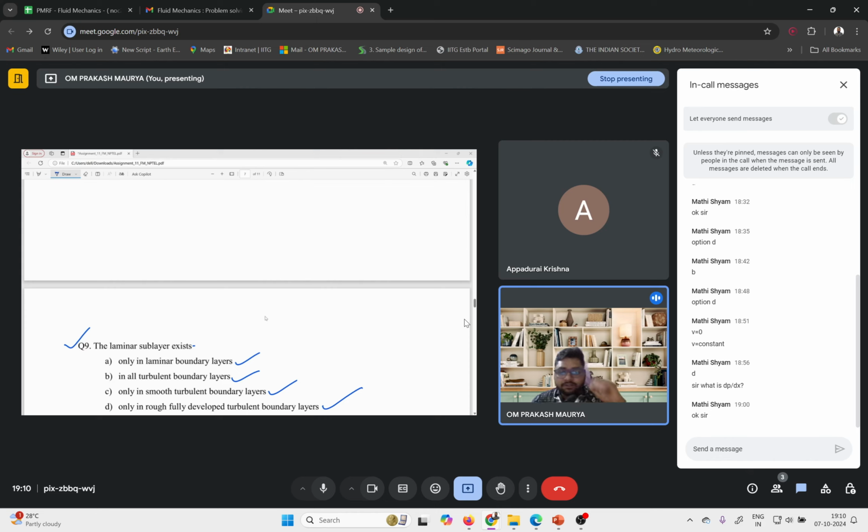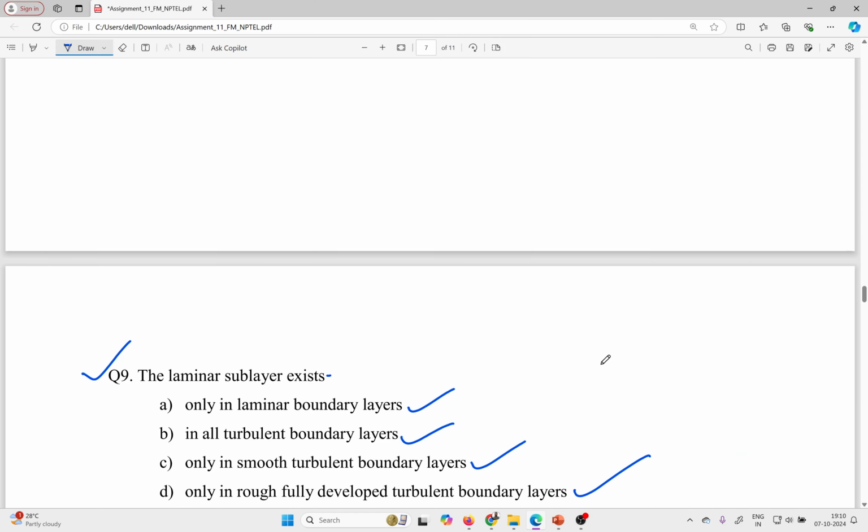Okay, let me explain question number 9. What is question 9 telling? The laminar sublayer exists. So we are talking about the laminar sublayer. If I draw the boundary layer on a plate, it will be like that. Here the laminar sublayer exists.